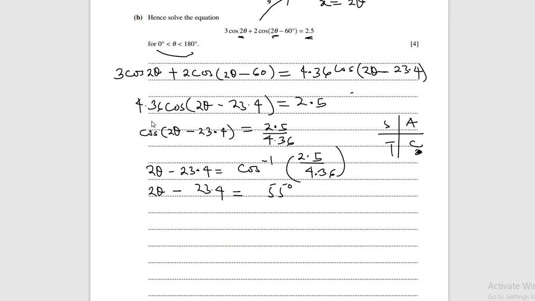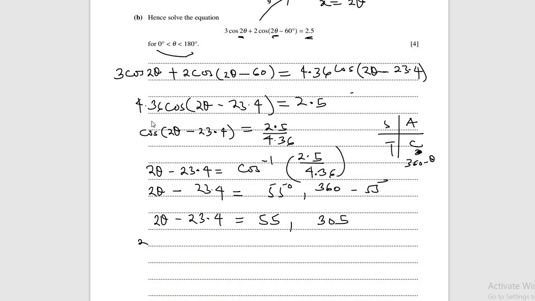Cos is positive here, and the formula here is 360 minus theta. So the other value is 360 minus 55, because our principal angle is 55. That gives us 305.